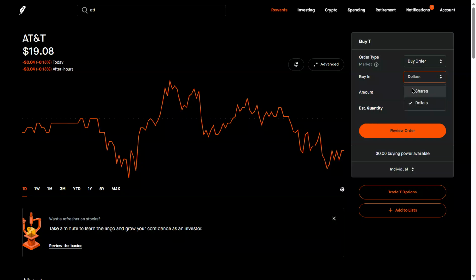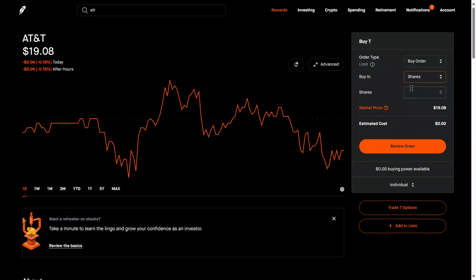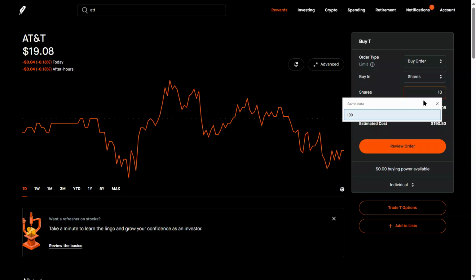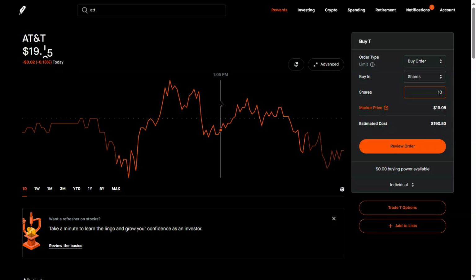Then the other way, of course, is the traditional way where you actually buy shares based on the price the stock is currently at, right? So you could say, okay, I want 10 shares of AT&T, and you can see what that's going to cost you. As you can see right now, 10 shares at $19.08 will run you $190.80. You know what I'm saying?